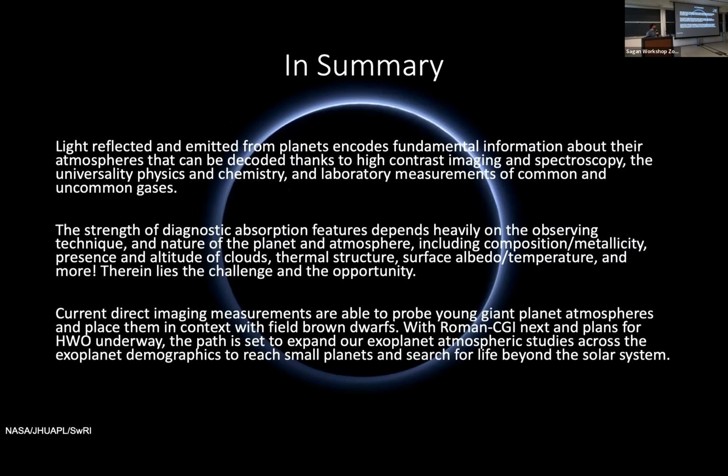And while our current direct imaging measurements are capable of probing young giant planets and have really placed them in context with field brown dwarfs and have done amazing work, we'll hear a lot more about that later in the week. With Roman next and HWO coming down the pike in a couple decades, the path is set, the roadmap is there to expand our atmospheric studies across a broad range of exoplanet demographics and perform a robust search for life in the future.